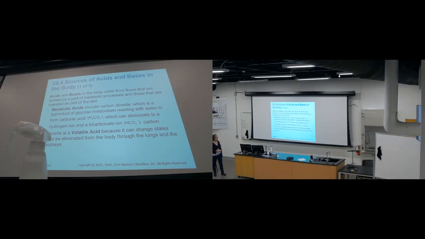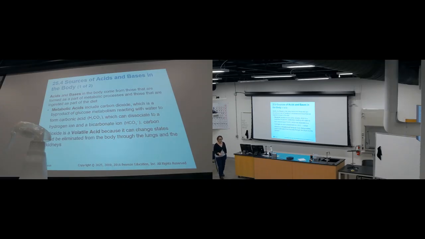So we have metabolic acids that include carbon dioxide, which is produced during the Krebs cycle. And this carbon dioxide, when it is combined with water, would form H2CO3, which is carbonic acid. The same enzyme that you have heard about before in A&P 1 and now in all the systems that we have talked about does this conversion of water and CO2 into carbonic acid.